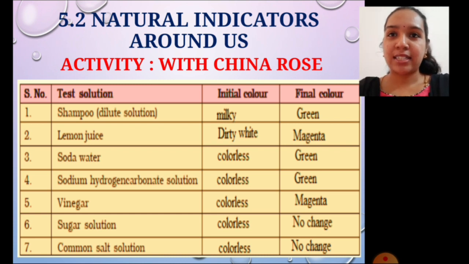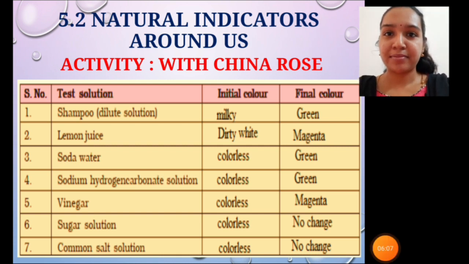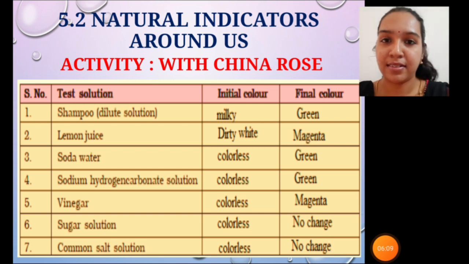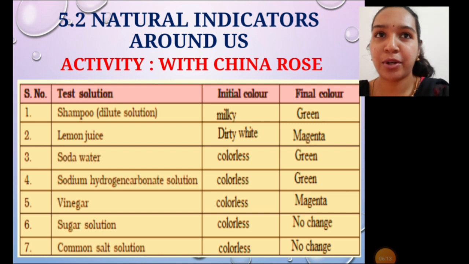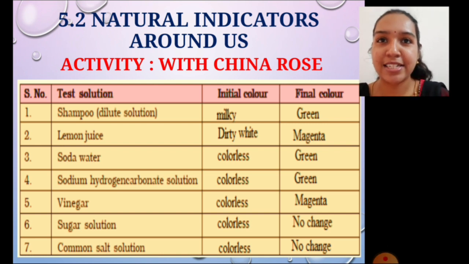Soda water turns into green as it is basic. And common salt solution does not show any change of color as it is a neutral solution. So these are the changes that we can see on adding China rose indicator for testing.